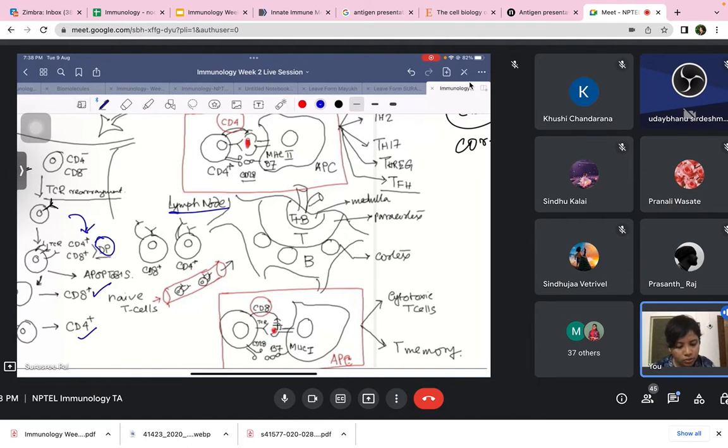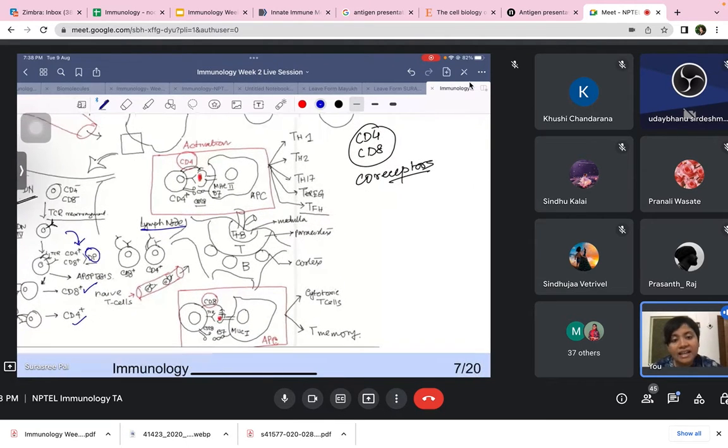And in the lymph node, two interesting things happen, that is the activation of the T cells. And the activation of T cells, either they can be CD8 positive cells or CD4 positive cells, and then these cells are activated. That means they now interact with the antigen and then become activated.